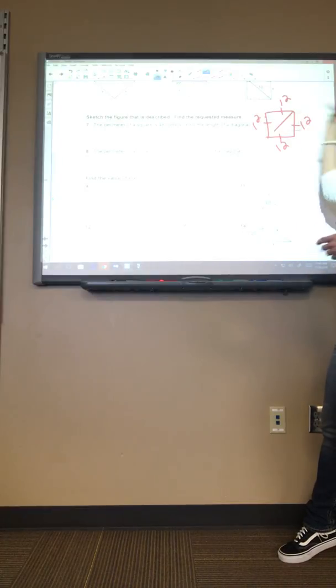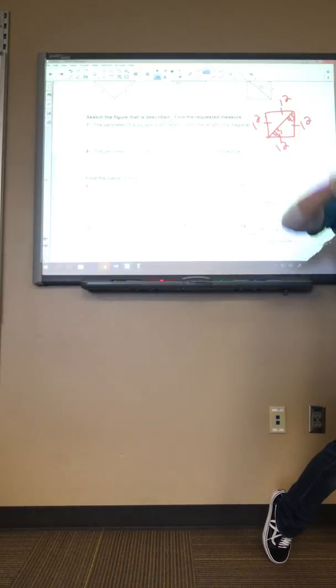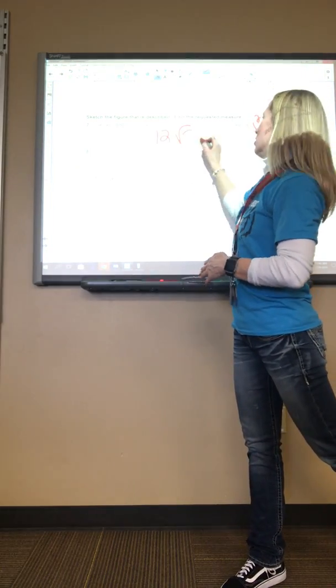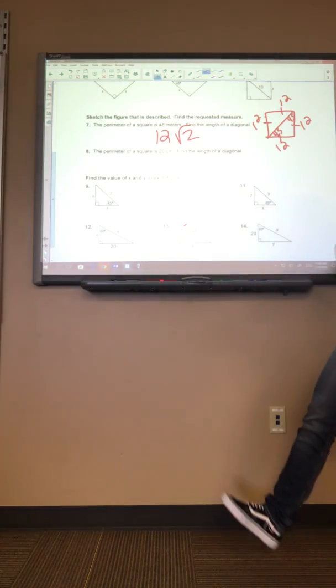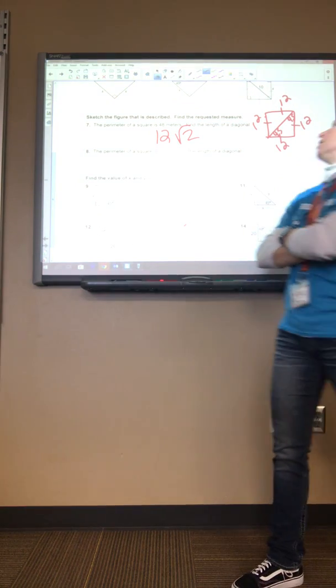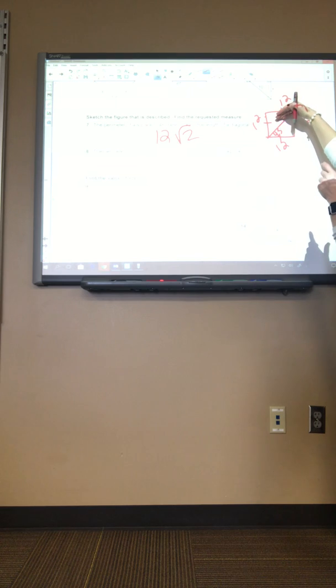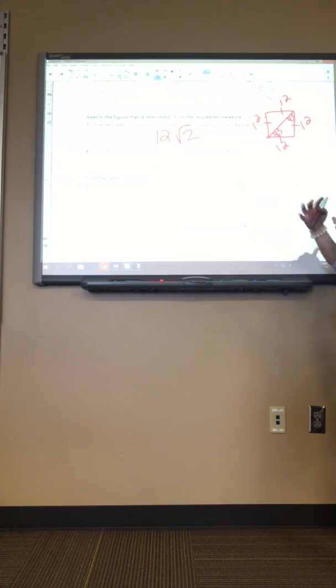I want the diagonal. Well, that's a 45, 45, 90. So if you know the sides are 12, what's the hypotenuse got to be? 12 radical 2. Could you simplify 12 radical 2? No. Now you could simplify if I knew the hypotenuse and I was going backwards, but no.